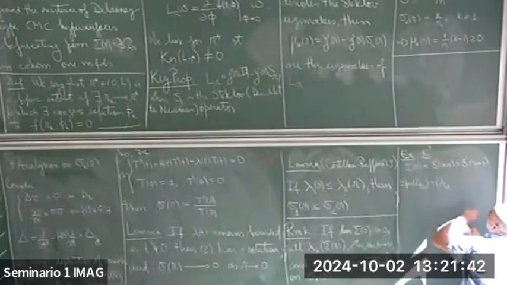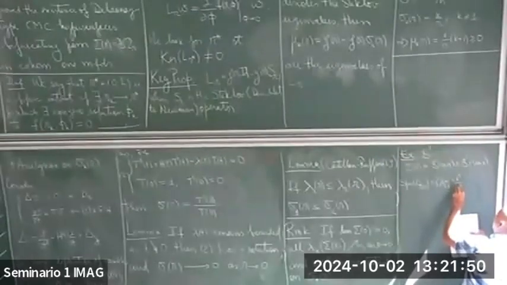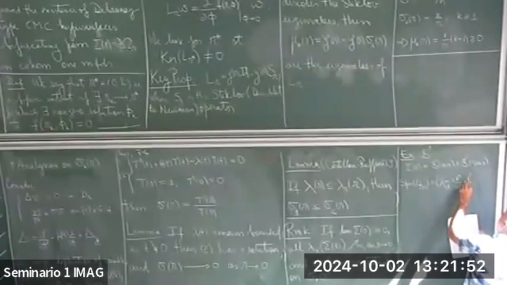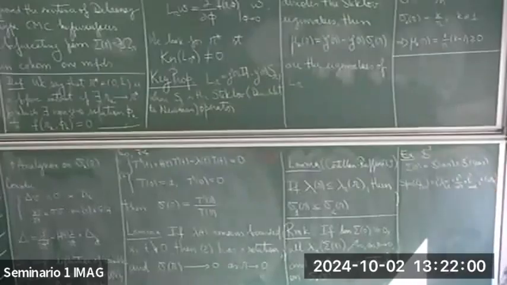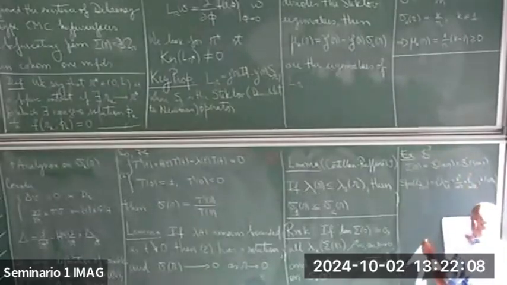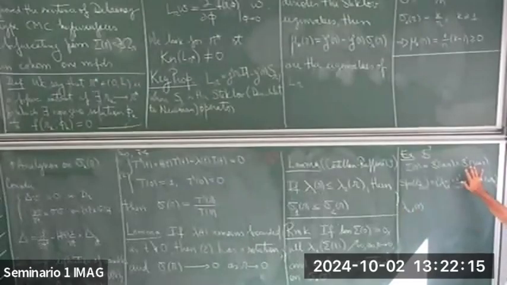There are two indexes, and it depends on R. It is k squared cos plus R L sine, squared. That's a very interesting example anyway.